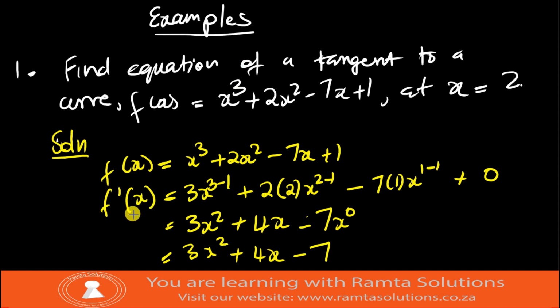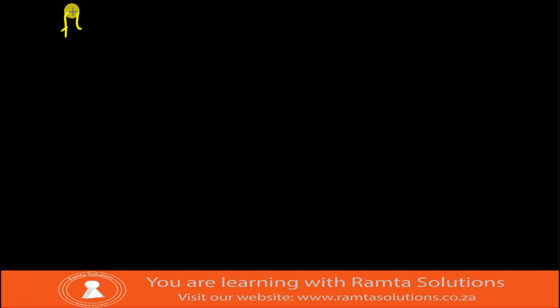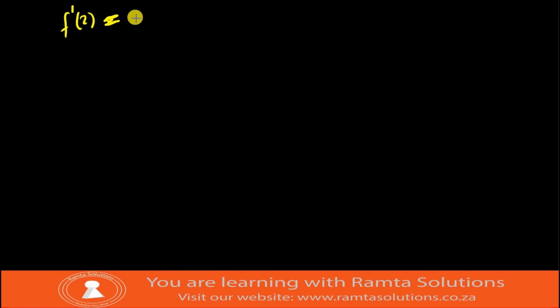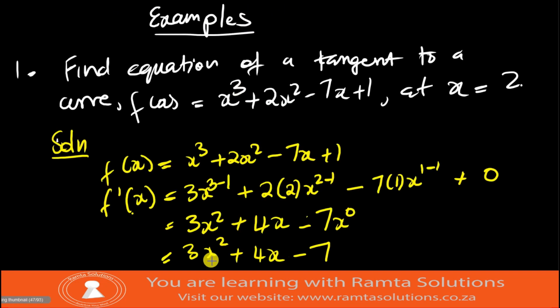Now to find the gradient at a point, what point? x equals 2. We'll say f prime of 2. So f prime of 2 means where there is x we put 2, on f prime of x. So it's 3 into 2 squared plus 4 into 2 minus 7. Let me confirm. Yes, with this x I put 2.